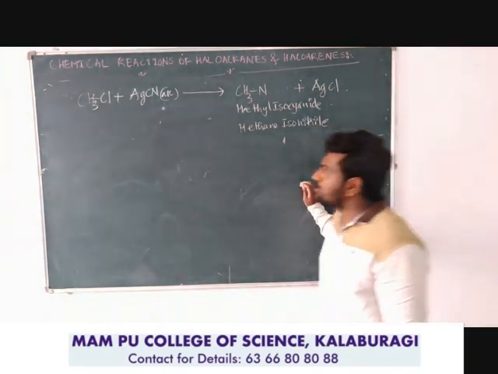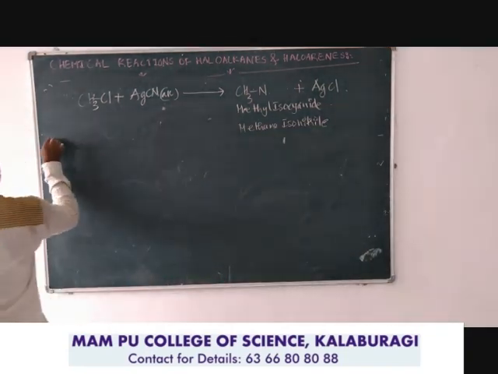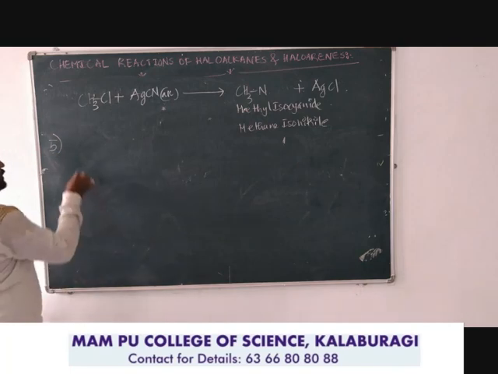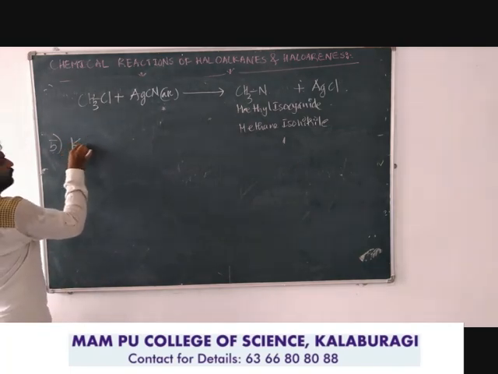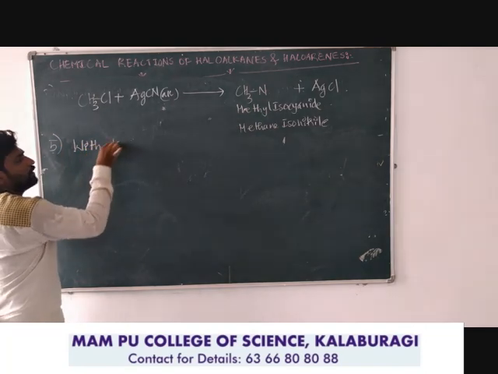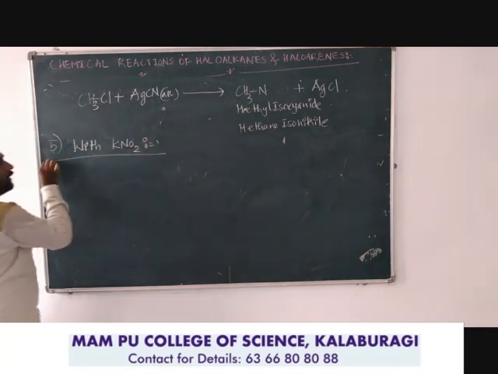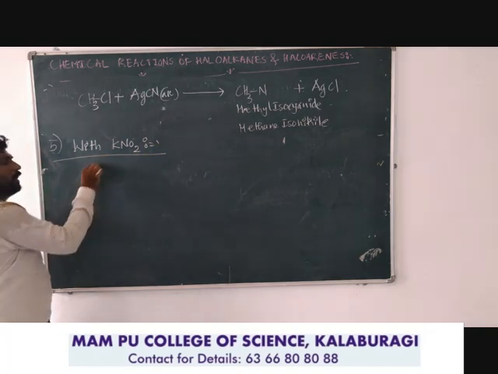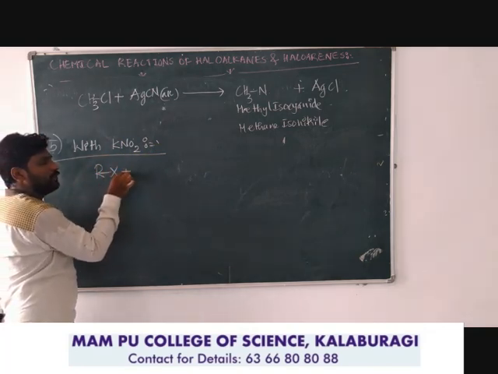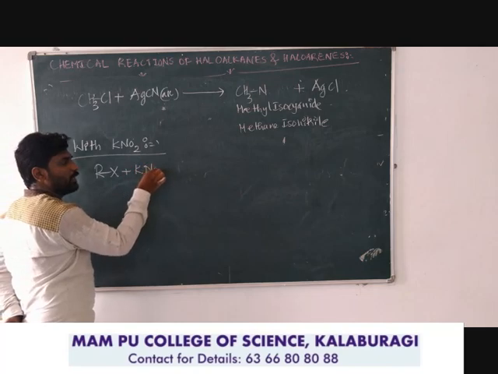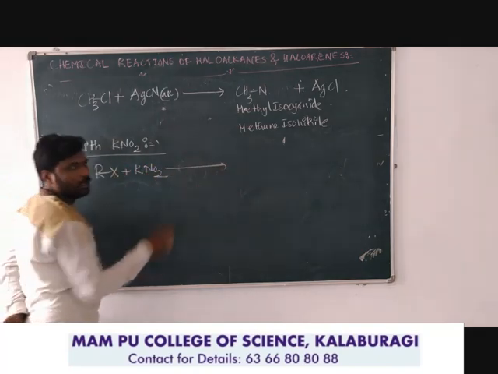The next reagent, the fifth reagent for the nucleophilic substitution reaction, is the reaction with KNO2, that is potassium nitrite. Remember here, alkyl halide, whenever it is reacted with the potassium nitrite, what happens here?